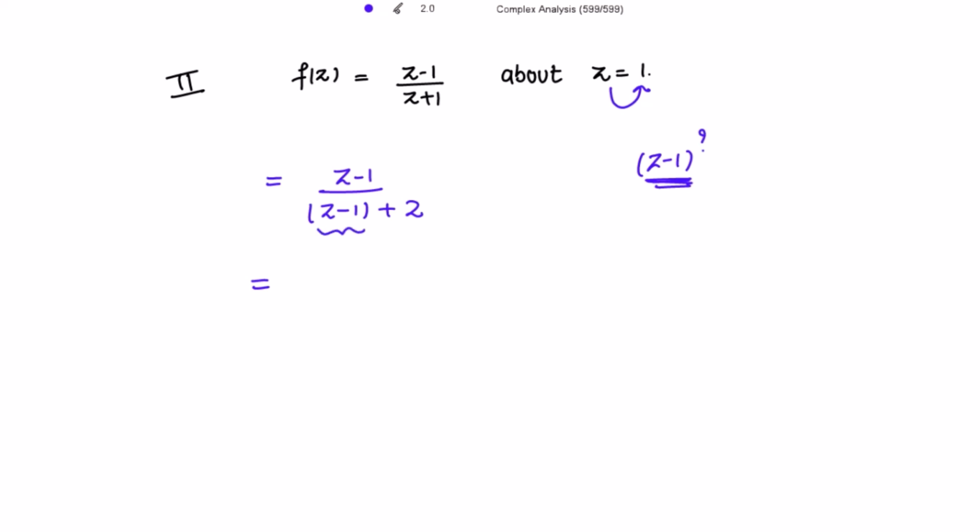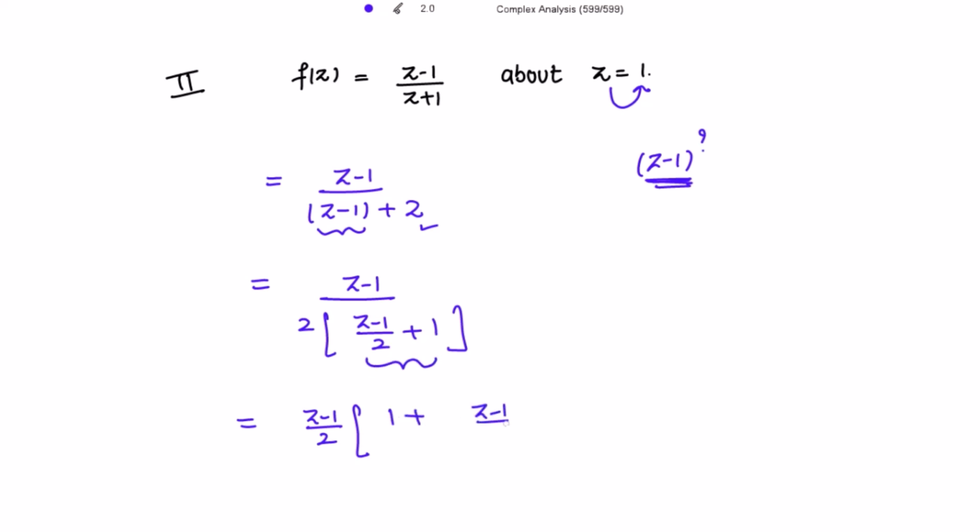We need (z - 1), so I am taking 2 outside of this denominator. So this is 2 times (1 + (z - 1)/2), that is (z - 1) divided by 2 into, let's take this to the numerator, so I am writing this as (1 + (z - 1)/2)^(-1).